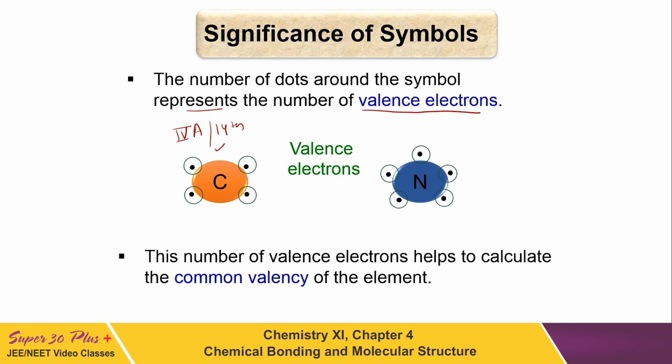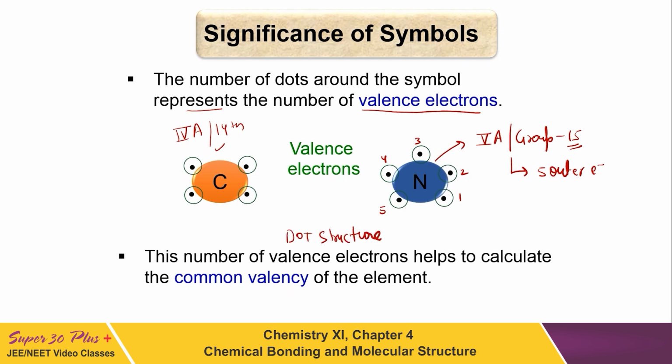Similarly for nitrogen, which is a member of 5th A, group 15. In group 15, how many outer electrons? There are 5 outer electrons. So these 5 outer electrons of nitrogen are written over the nitrogen in this manner, called the Lewis dot structure.